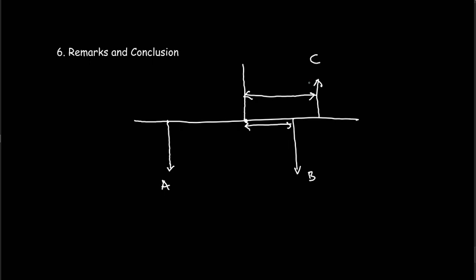It is very easy to know. This force is tending to turn the meter rule to this side, turning towards the left, right? It is anti-clockwise. So C is anti-clockwise. A is still turning towards the left, so A is also anti-clockwise. The only clockwise force we have here is B.